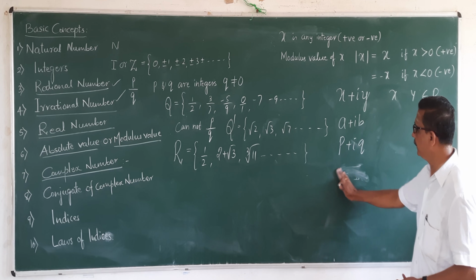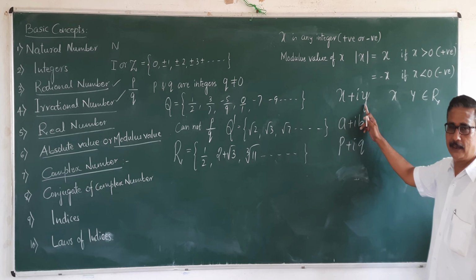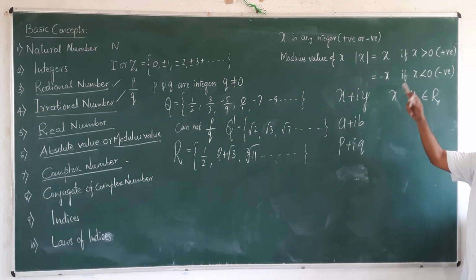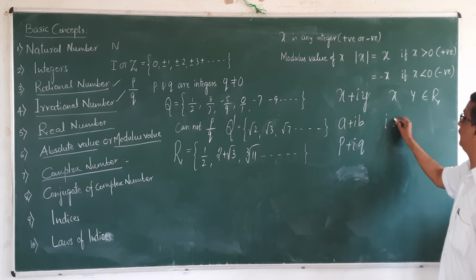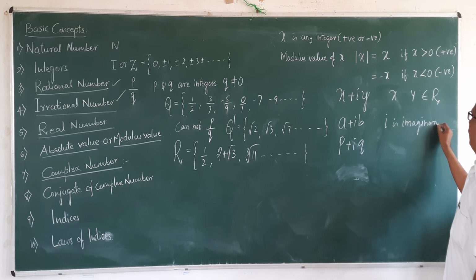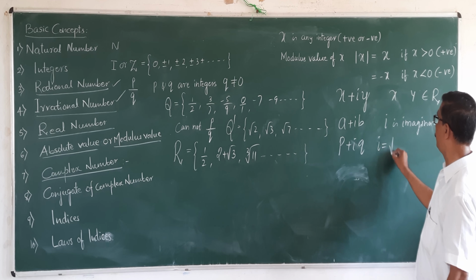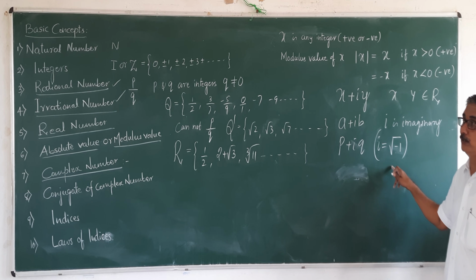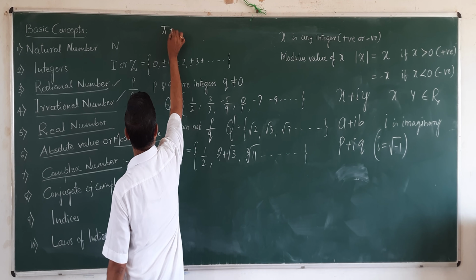A number which can be expressed in the form x plus iy, where x and y are real numbers. You know the definition of real number. And i is what? i is imaginary, not real. The value of i is fixed, that is under root of a negative value. As you know from the previous class, the value of pi is equal to how much?